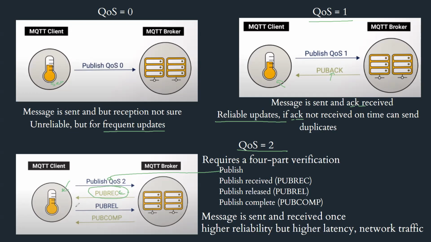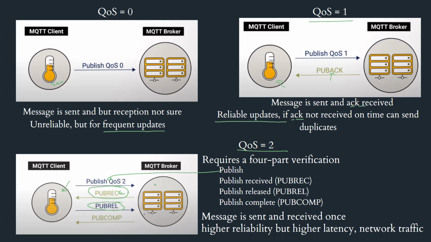Once that acknowledgement is received, the sensor says, I'm not going to send that data again. I'm not going to publish that data again. That message is sent through a message type called pub release. Once the MQTT broker receives that, it knows that the client is not sending that same data again. So now it knows that the data has been received and the total process has been completed.